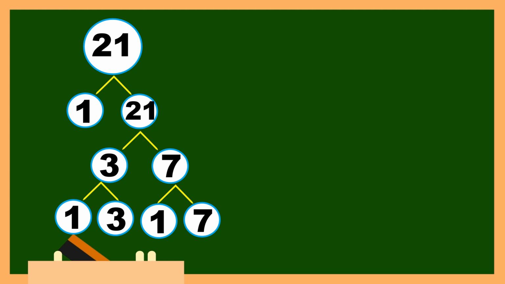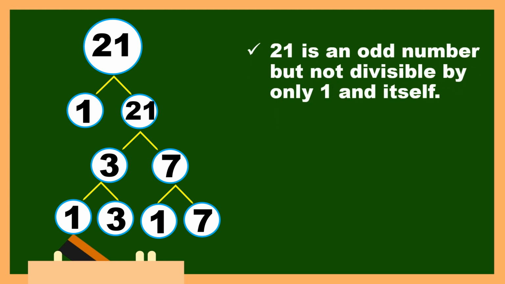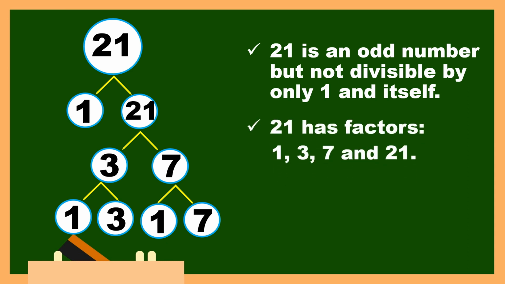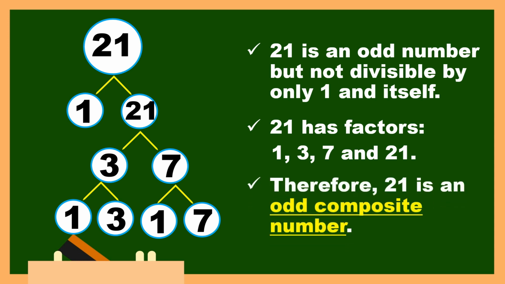So, marami siyang factors si 21. So, 21 is an odd number. Pero, hindi siya divisible by only 1 and itself. And 21 has factors of 1, 3, 7, and 21. Sabi ko nga kanina, maraming factors si 21. Hindi lamang ang 1 at ang kanyang sarili. Kaya, si 21 ay odd composite number.